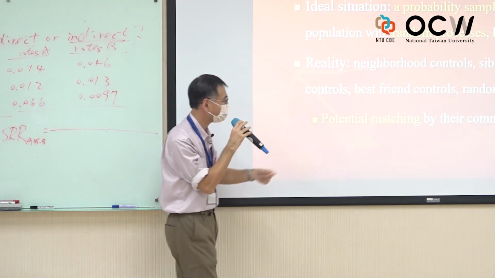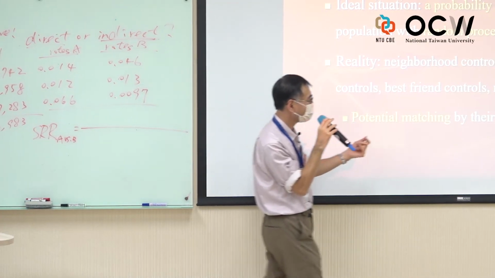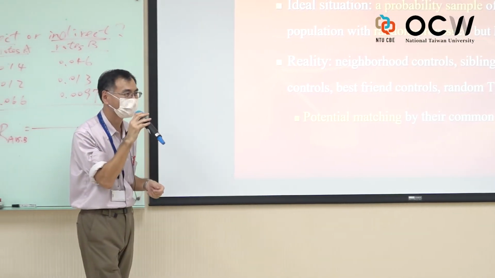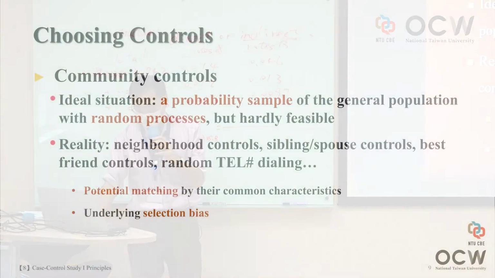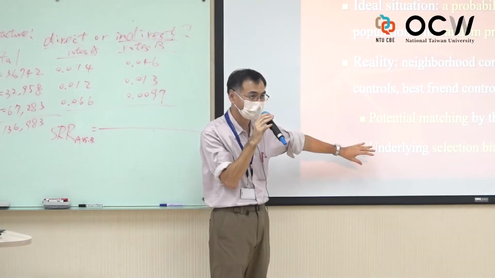So potentially they have been matched to each other. They have a lot of common characteristics, so they are too similar to each other. Sometimes it's not a good choice, because it could underlie some kind of selection bias, which is very difficult to deal with.